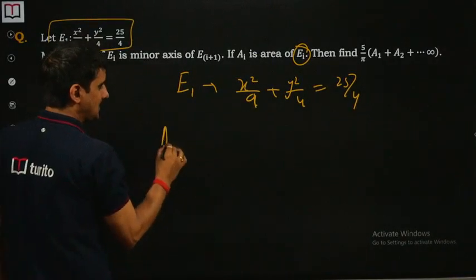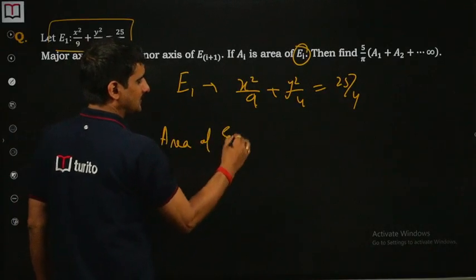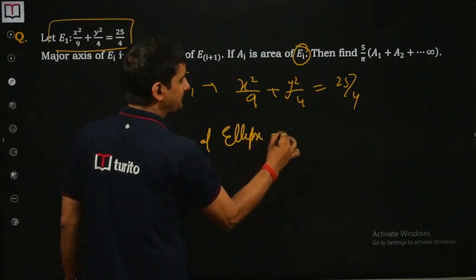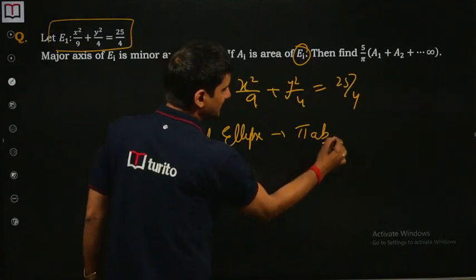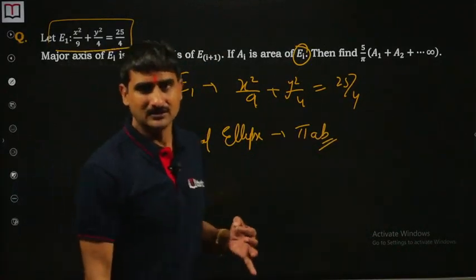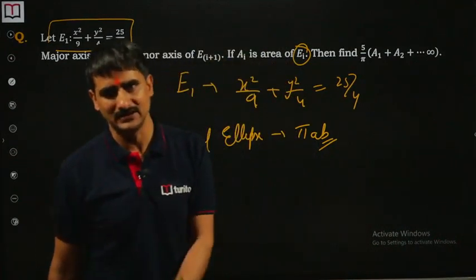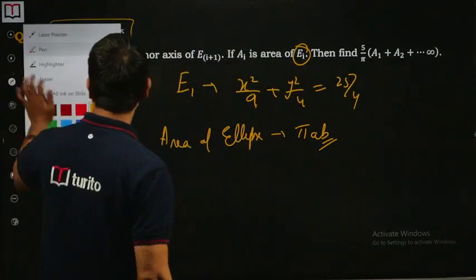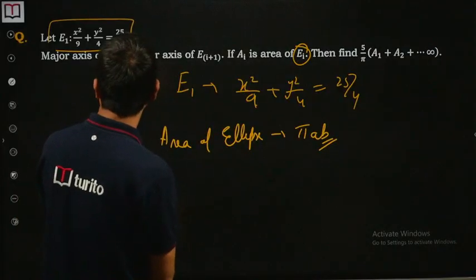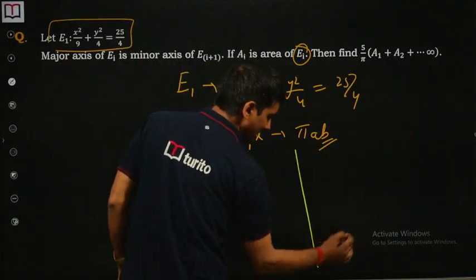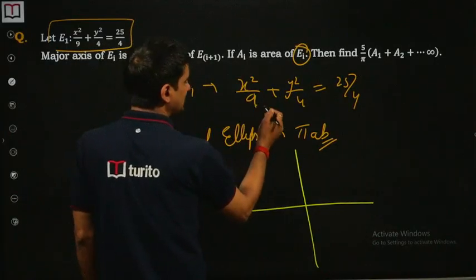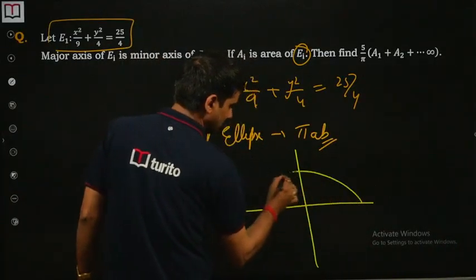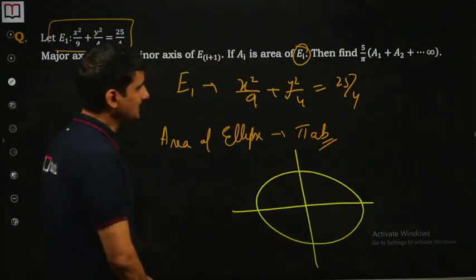See, area of an ellipse is nothing but pi times AB, where A and B are the semi-major axis length and semi-minor axis length, that's what we know. But I think there's some problem. Major axis of Ei, so that means, okay, that's E1, let's say, a horizontal ellipse.